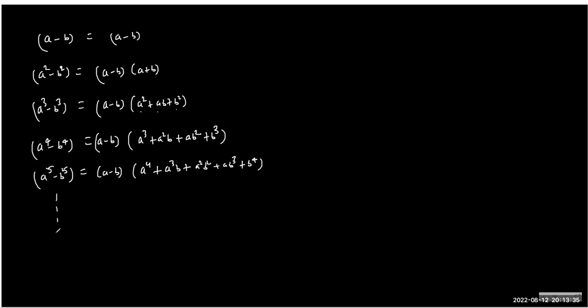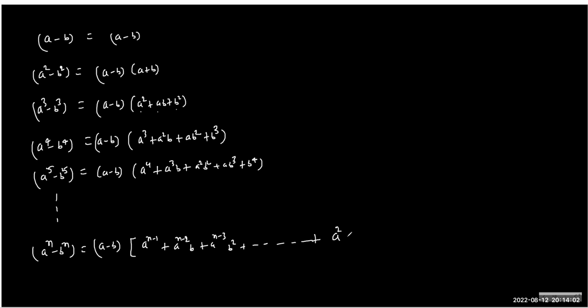Okay, so this way, A power n minus B power n, what can you write? One term is fixed: A minus B, I'm going to get, yes or no? And then I'll get something really big. So A to the n minus 1, plus A to the n minus 2 B, A to the n minus 3 B square. And this is very difficult to write. So I'll go on like this.